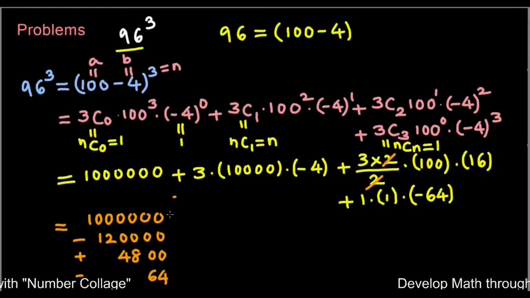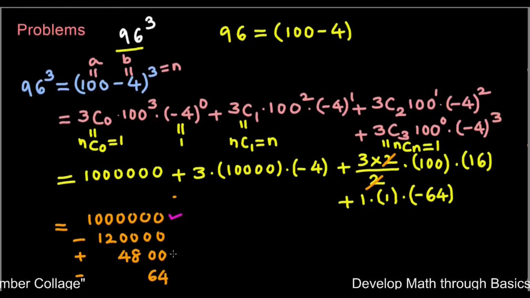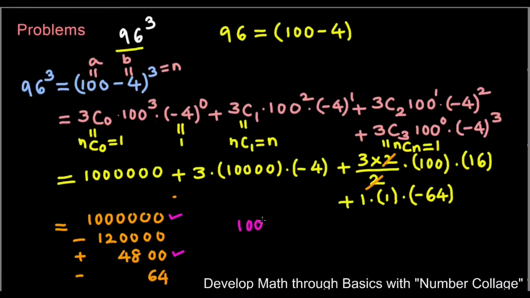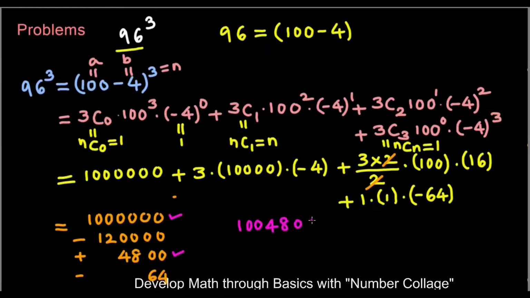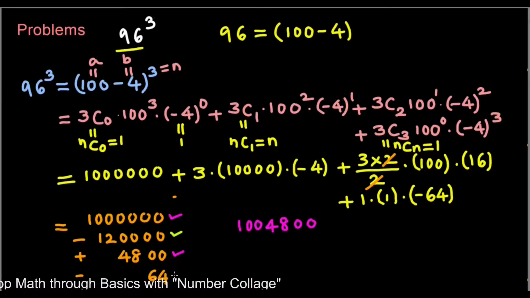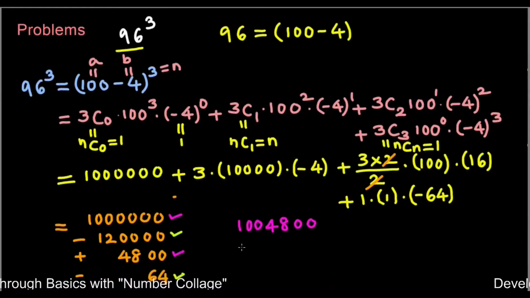First we will add this 1 million with this 4800. So that will be 1,004,800. Then we add this 120,000 with this 64 and subtract it from here.